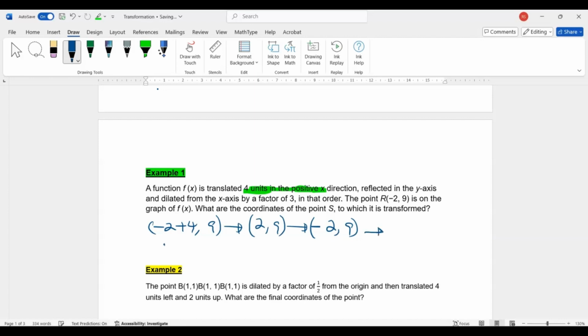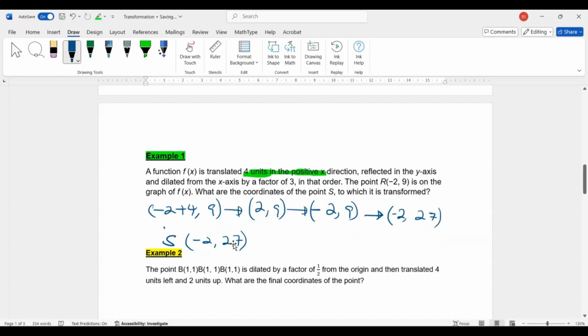So my final value will be negative 2 and 27, as we multiply 3 by 9. That will be the coordinates for S: negative 2 and 27. Alright, let's have a look at another example on this transformation.